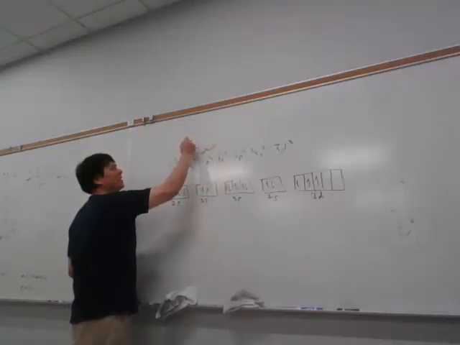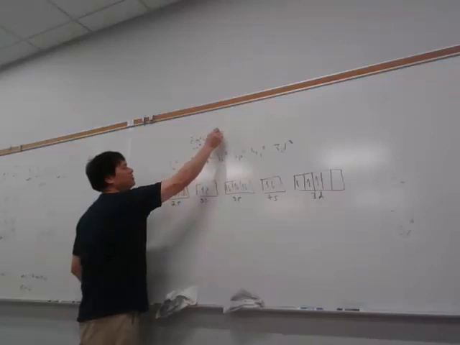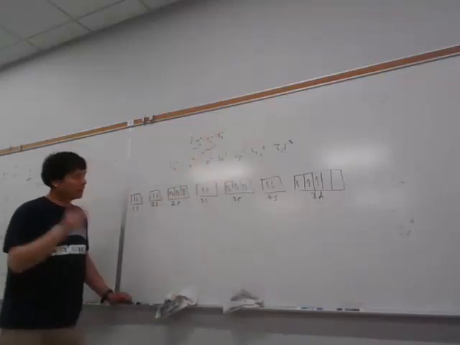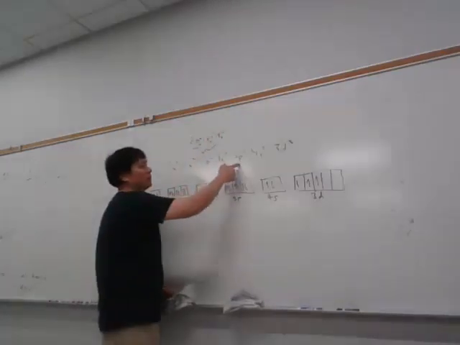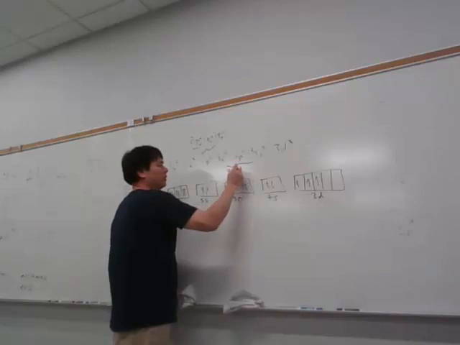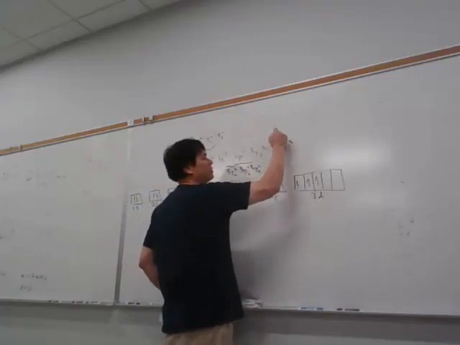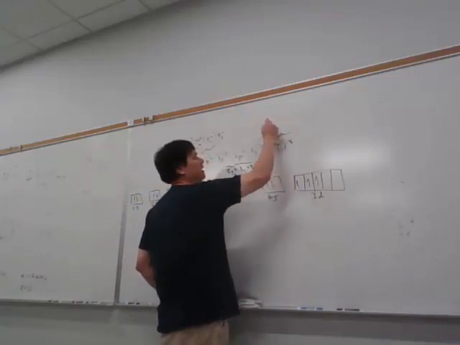For example, they might go 2px2, 2py2, 2pz2. You could do something like that. And the same thing with the 3p's. You could expand these out to 3px2, 3py2, 3pz2. And then the 3d's, we can also expand these out too.